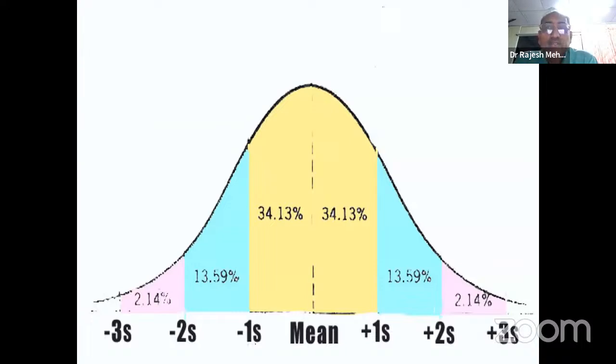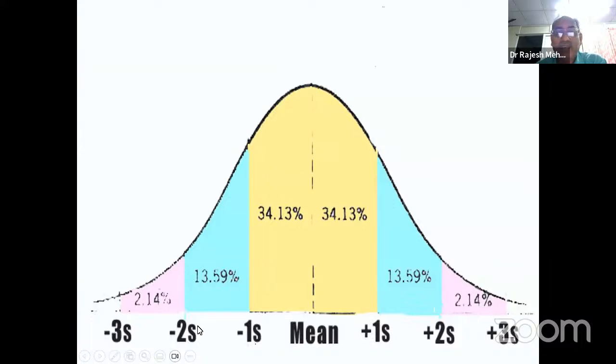Now, here is the concentration which is required from all of you. You might have seen this standard normal distribution curve. This is a usual distribution curve. If you take any observation on the x-axis, which is a measurement variable like height, weight, etc., forget the minus and plus for the time being.